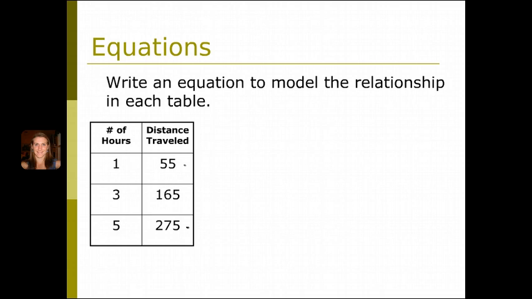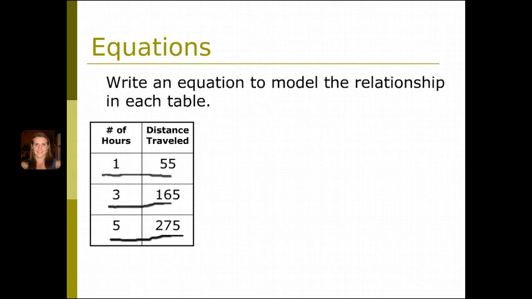Because both columns are getting bigger, we are either going to be adding or multiplying to get these increased values. In order for an equation in the table to be correct, it has to work for each set of values per row. Rows go across, okay? So whatever we do has to be true for all three.